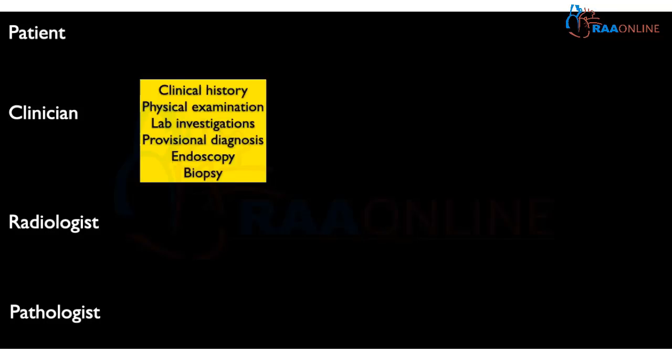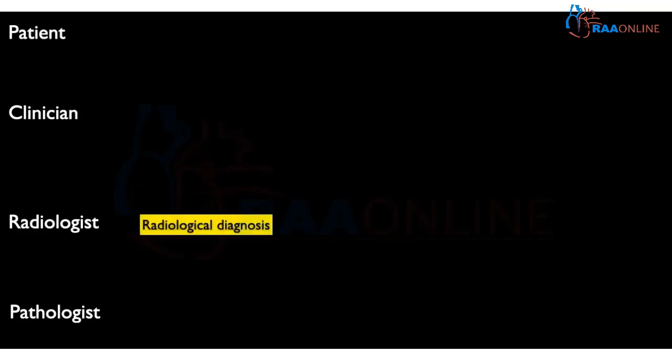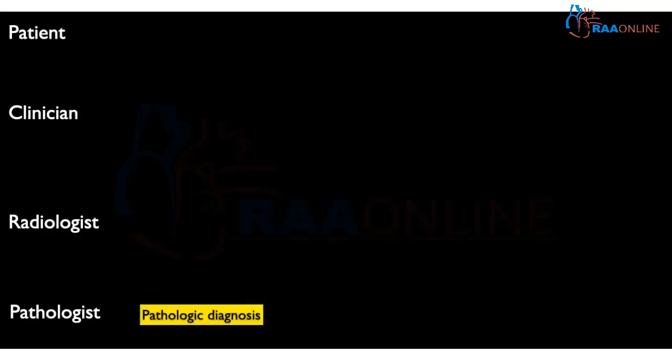Since we are dealing with the GIT in this presentation, probably they may go for endoscopy and biopsy. The radiologists give a radiological diagnosis, and the pathologist, after getting the biopsy, gives a pathologic diagnosis.